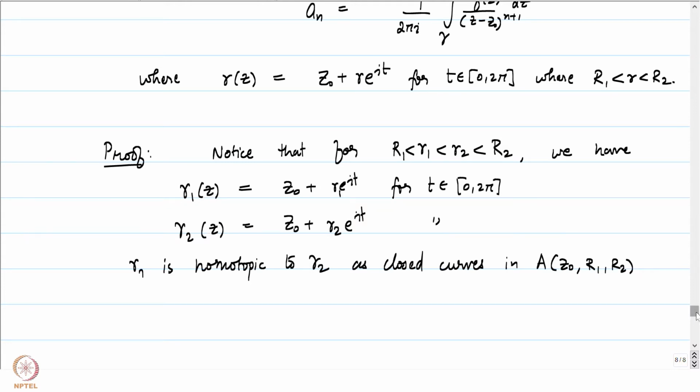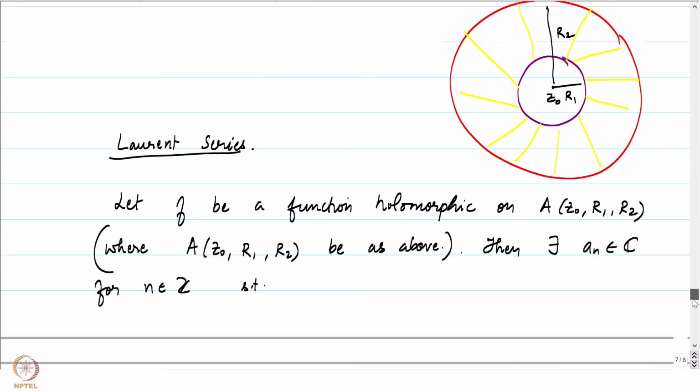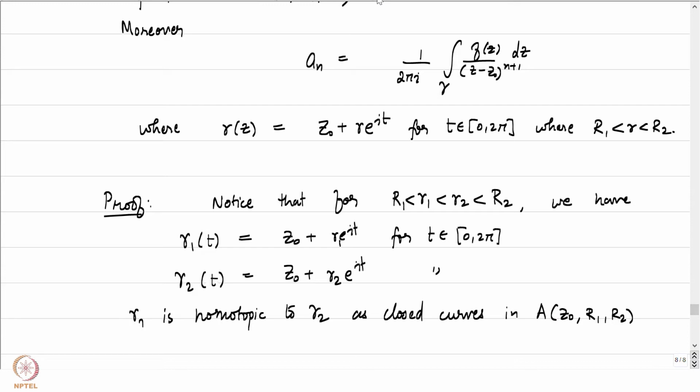So, what have we just written down here? Let me draw a picture to capture that. If you start off with an annulus like this, and if you take any two circles here. So, this is our region, right? The region shaded by z0 is what we are interested in.